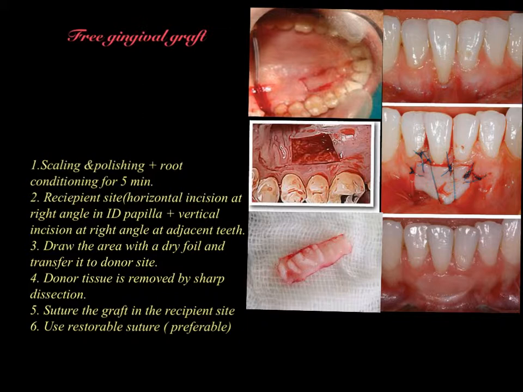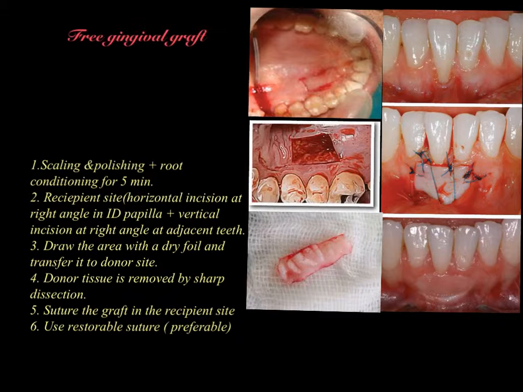As we mentioned in the other parts of gingival recession, first of all, the condition of the root surface, the presence of calculus, contaminated cementum or restoration on the root surface affects the outcome of the surgery. So scaling and polishing is very important to get rid of any inflammatory tissue and work on clean and healthy gingiva and root surface.